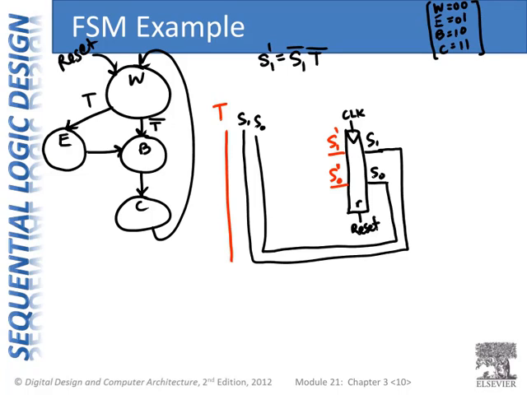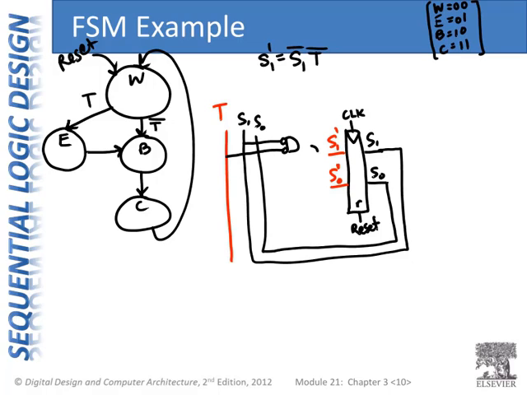Okay, so let's draw our logic gates that we need to create these next state outputs. They're going to be fed as inputs to our state register. So we start with S1 prime. First we need S1 bar and T bar. So we need an AND-shaped gate with bubbles on its inputs tied to S1 bar and T bar.